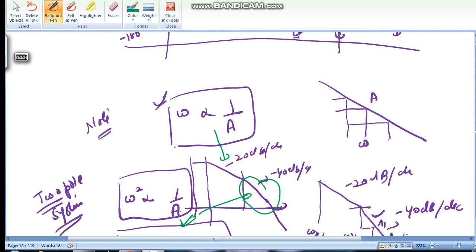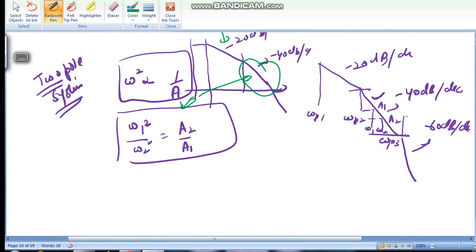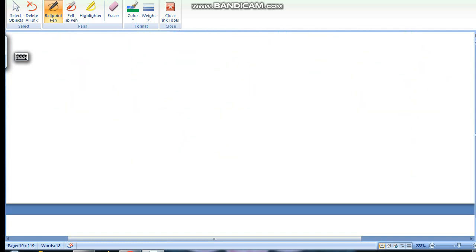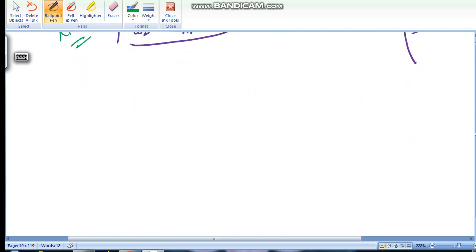For a single pole system, just remember and note down these equations, because they will be helpful in calculation. It will be good if you know these equations. Now suppose you have a two pole system and one zero.